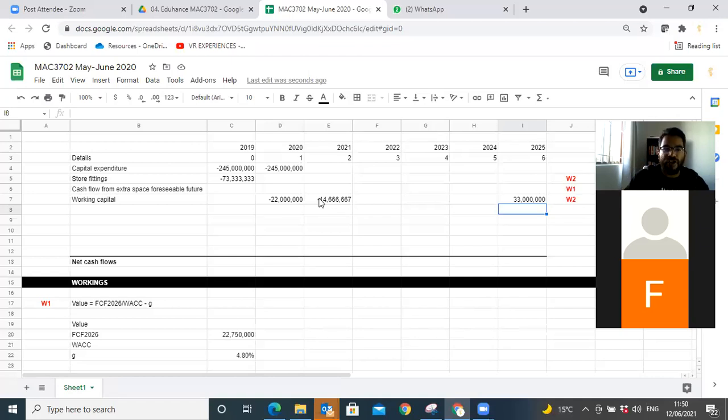So the beginning of the project, meaning the beginning of year 1, but you can't put it into year 1 because year 1 represents the end of year 1. So therefore you put it into year 0. If they are silent, working capital happens at the beginning of the project, so it will happen in year 0. And you will always recover it at the end of the project.